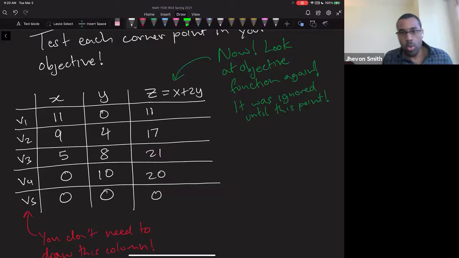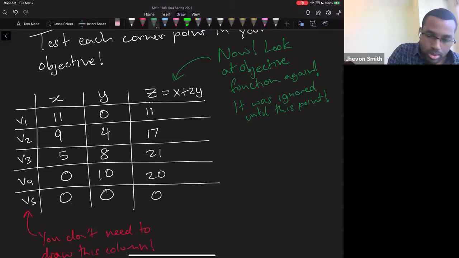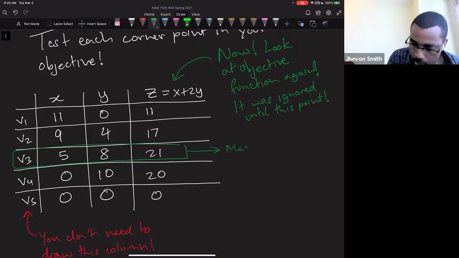Now, we remember what we want to do. We want to maximize, so we're going to take the maximum value. Max z value. It turns out this is the optimal.